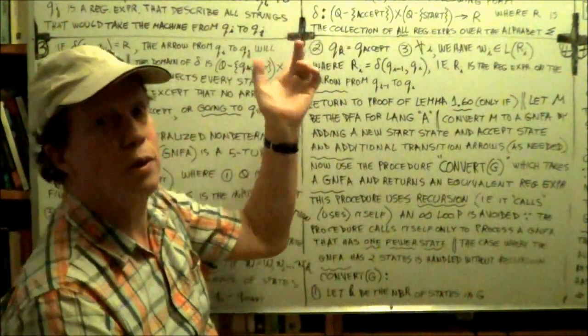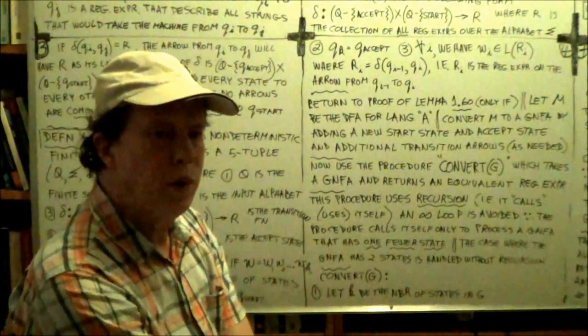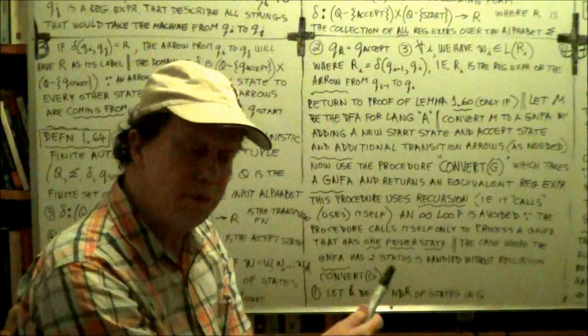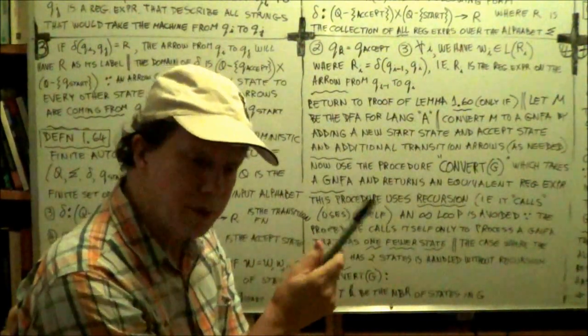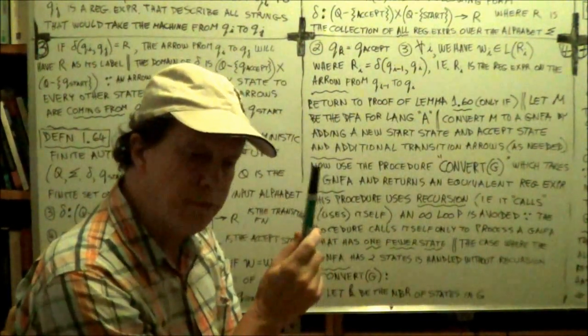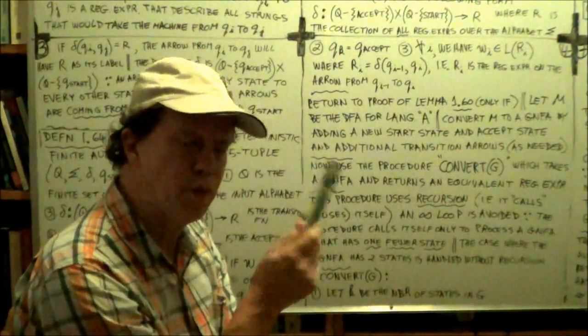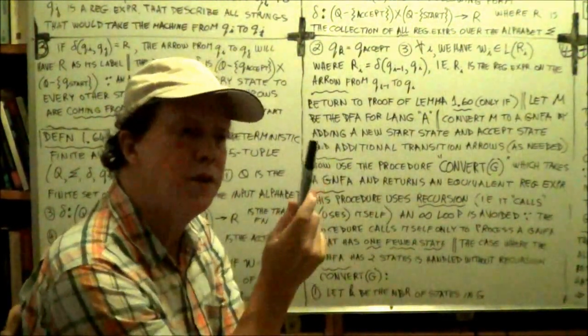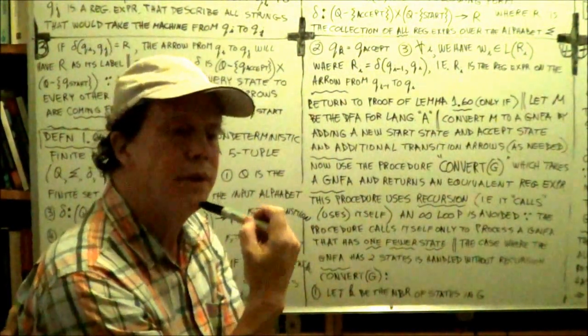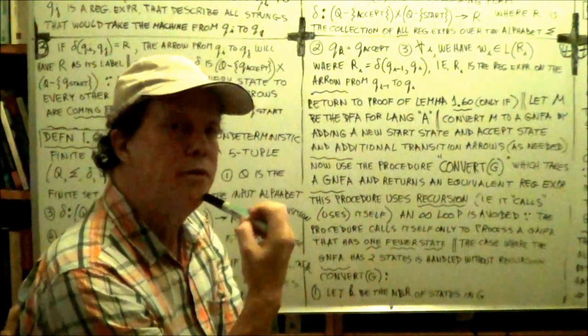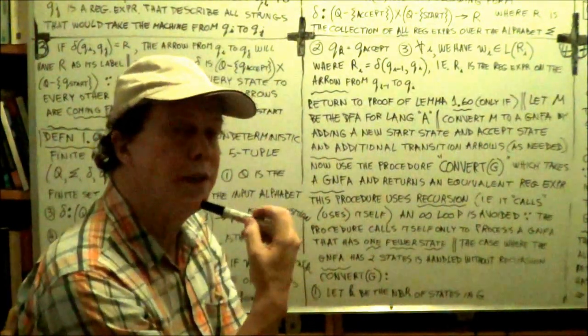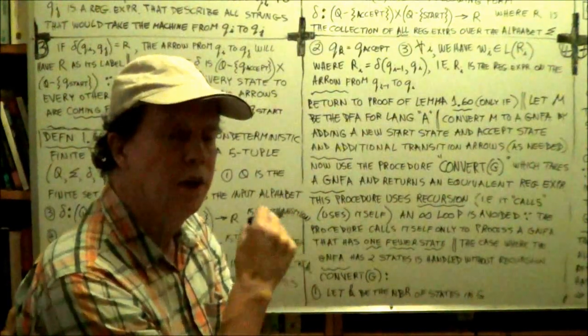Well, from the talking before, the earlier talk, that was the theorem idea, the proof idea. And the idea was to rip out, one by one, rip out a state and repair the damage.